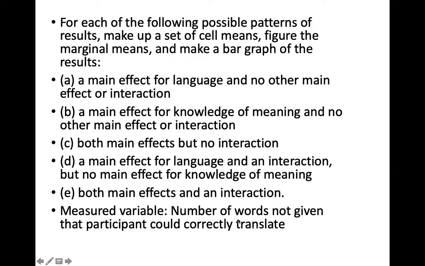The idea is that you put in your own numbers to illustrate these main effects. I think that's a really good way to study, because if you can do that, you really demonstrate that you understand the main effects and the interaction.